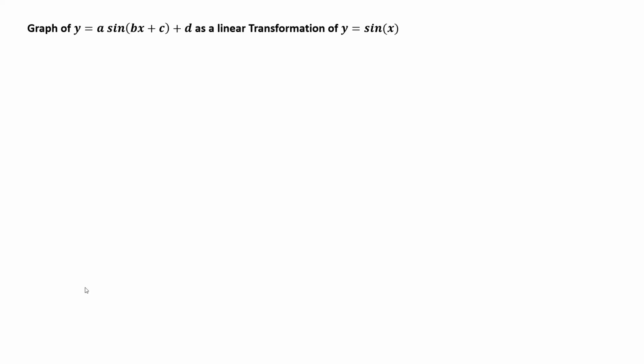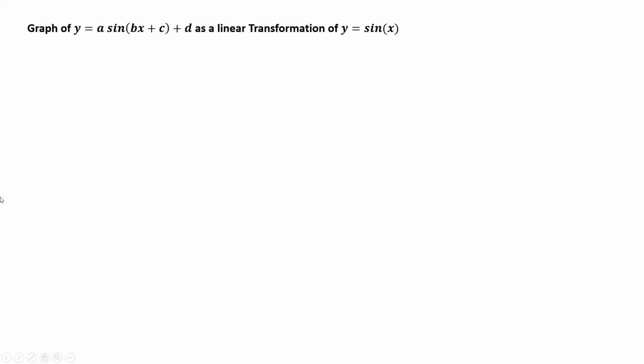In general, the concept is, please pay attention to this: knowing the graph of y equals f of x, could we figure out how the graph of y equals a times f of bx plus c, plus d looks like?